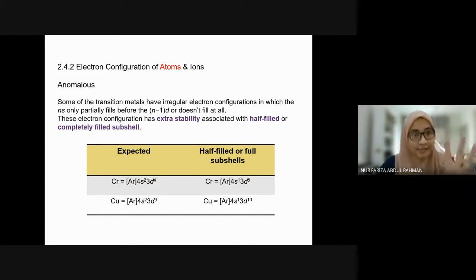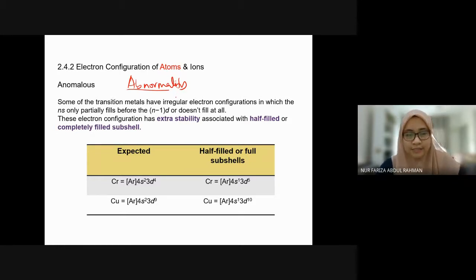Okay, transition element again. Kena ingat transition element is special sikit. So for the transition element, we have anomalous. Anomalous means maybe you are more familiar with abnormality. Abnormality comes from the word abnormal. Maksudnya dia tak follow the normal trend.